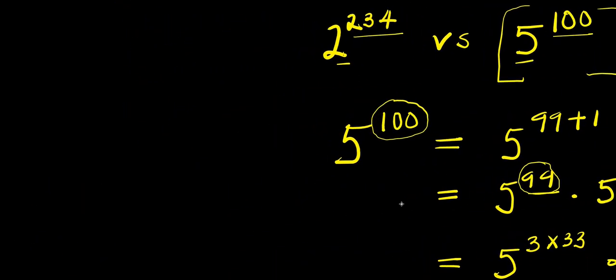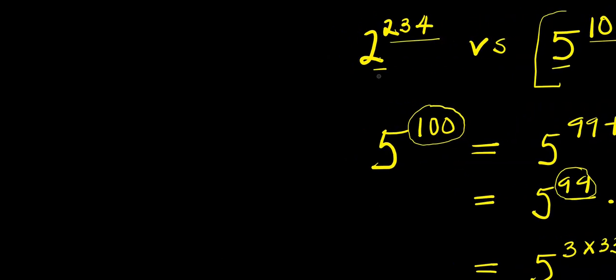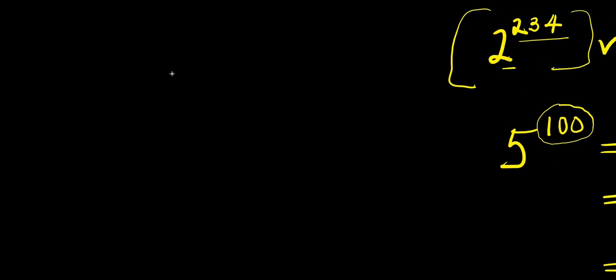Now, let's consider this other one here, 2 to the power of 234. So let's copy that one out. I have 2 to the power of 234. Now, I will also start by expressing this 234 as the product of 3 times 78.